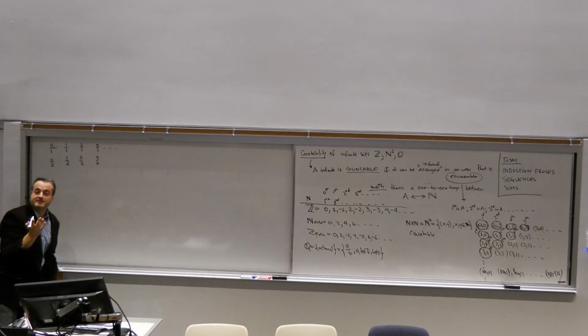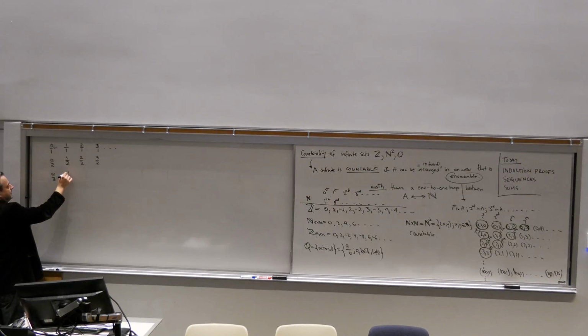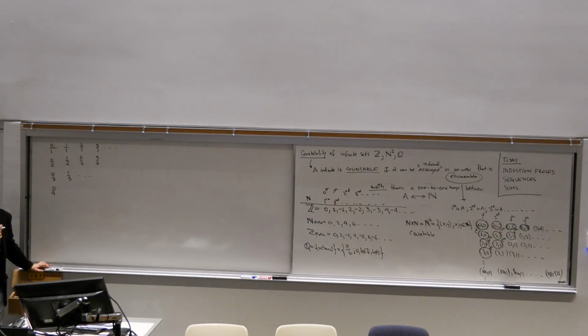So there are two problems here. One is that we miss the negative numbers. That's one problem. We miss the negatives. What's another problem in this table as far as enumeration goes? Somebody else. There's another problem, yes.